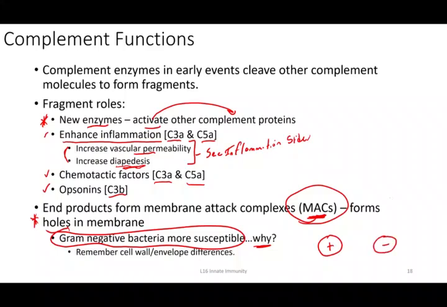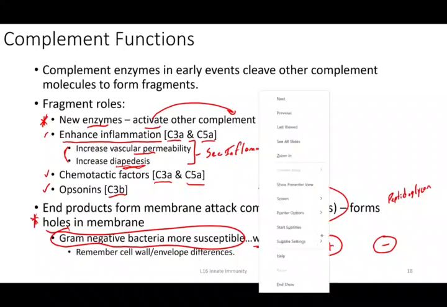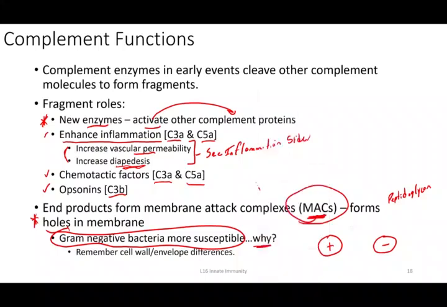And so the first thing I want you to remember is peptidoglycan differences. So one of them has a thick peptidoglycan and one has a thin. You now have to remember which is which. And so the gram-positive has the thick peptidoglycan. So I don't know how many times I've drawn this, but this is supposed to represent the thick peptidoglycan layer.